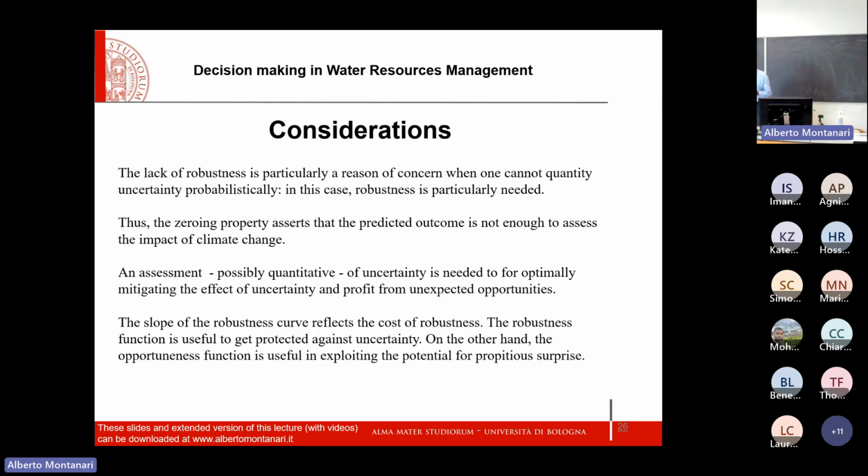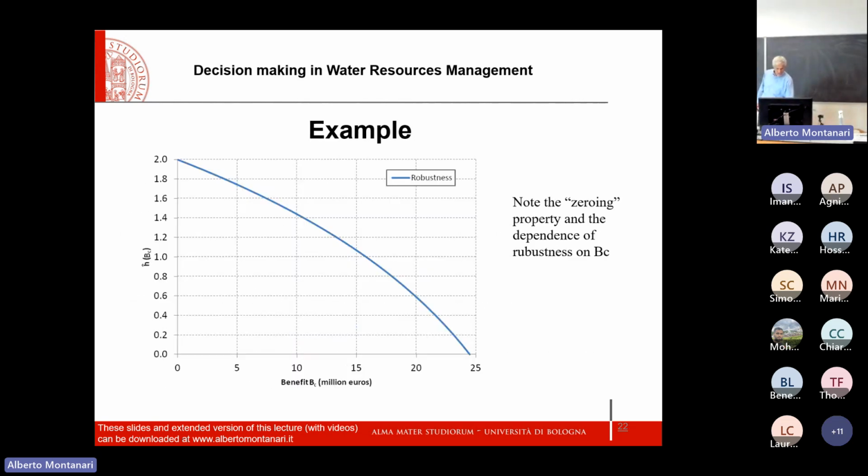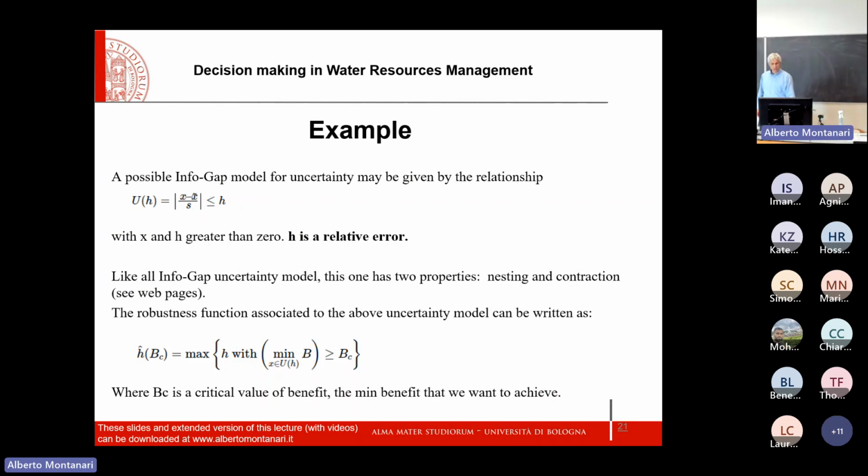Nesting means that once you increase the value of H here, you are also increasing the range of X. And the range of X is characterized by the nesting property.